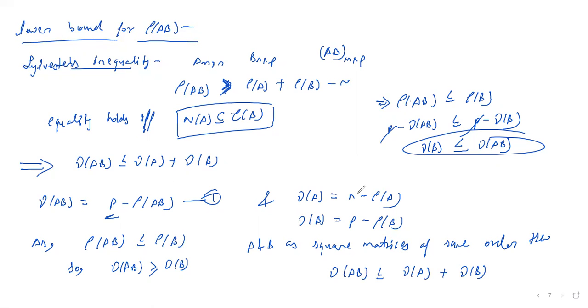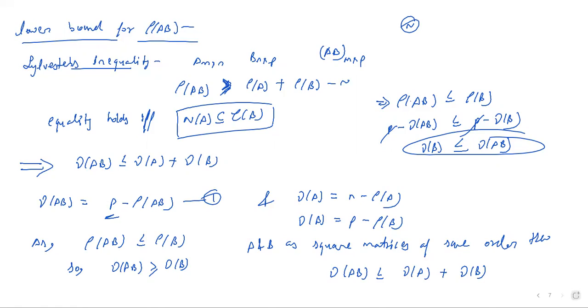Because if A and B are of the same order, let's say n, then these will be n minus rank of AB, n minus rank of A, n minus rank of B, and you can easily check that nullity of AB is less than or equal to nullity of A plus nullity of B.